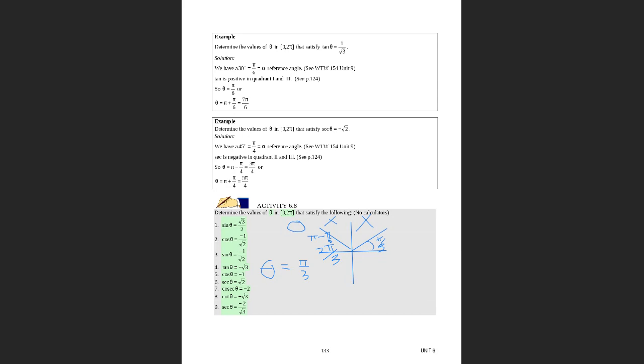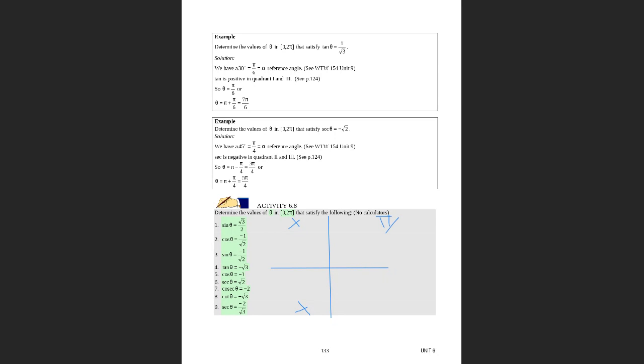Then the second one says cos theta equals minus half. When you draw your graph, you find that cos is negative only in the second and third quadrants. Cos inverse of half gives you pi over 4.